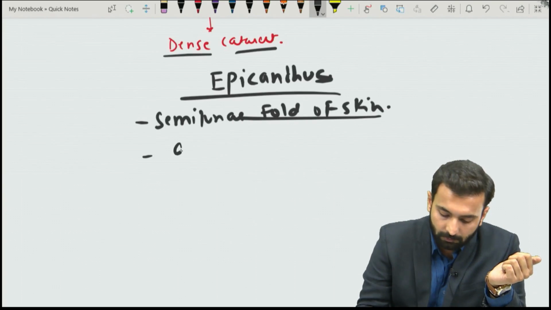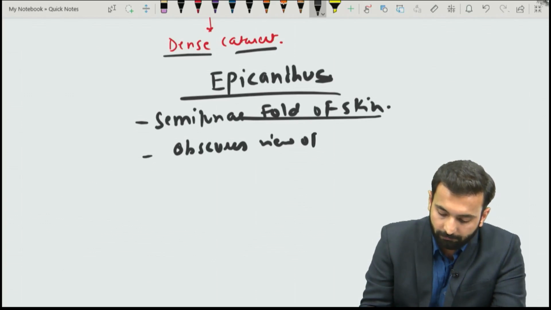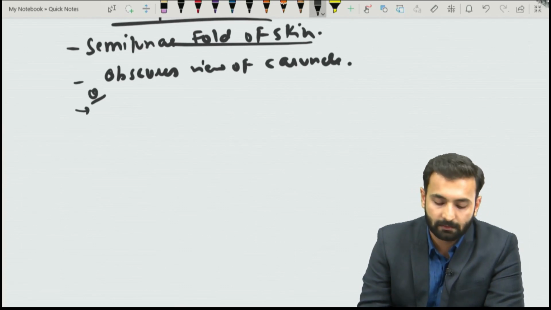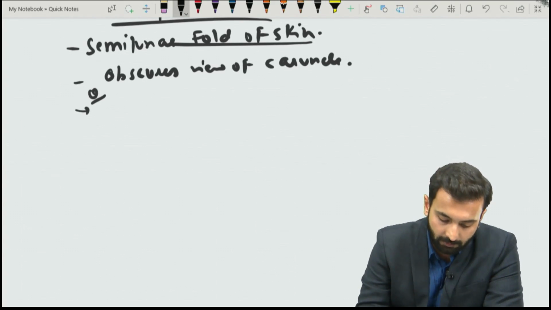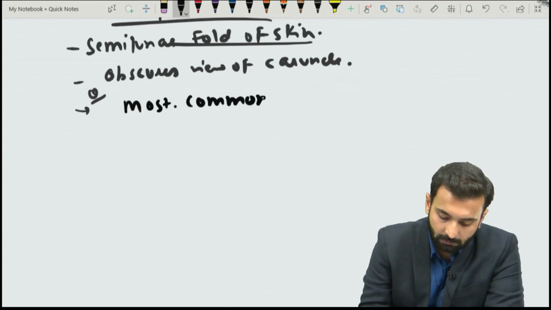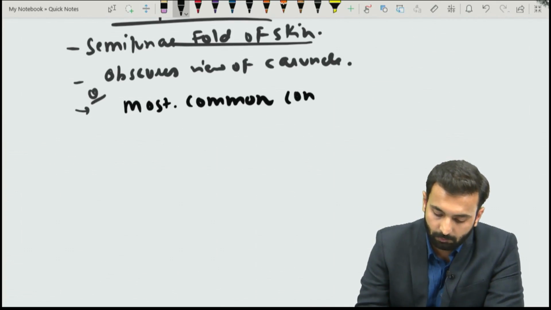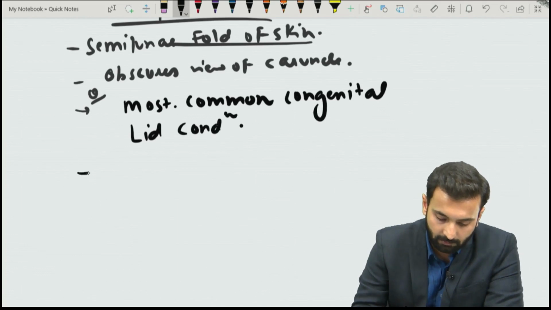An important point to note is that Epicanthus is the most common congenital lid condition.